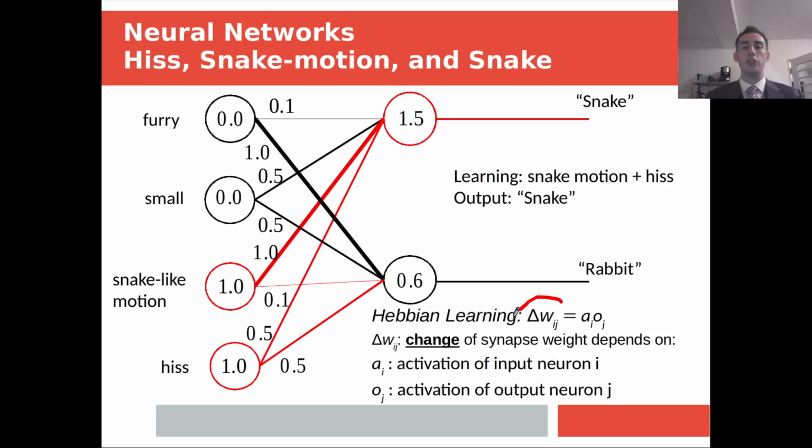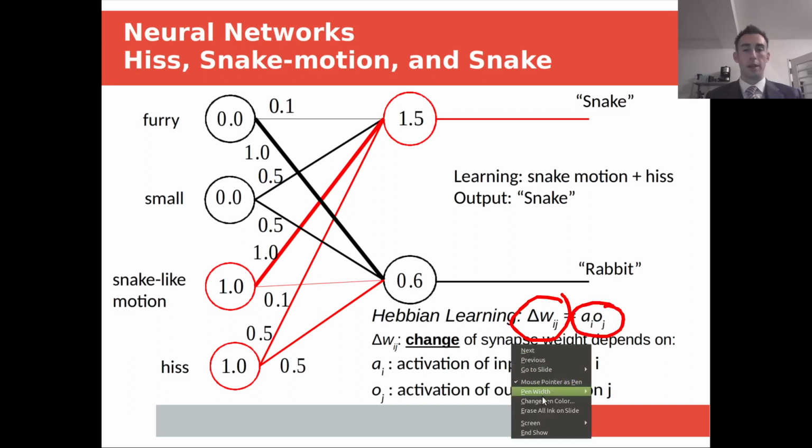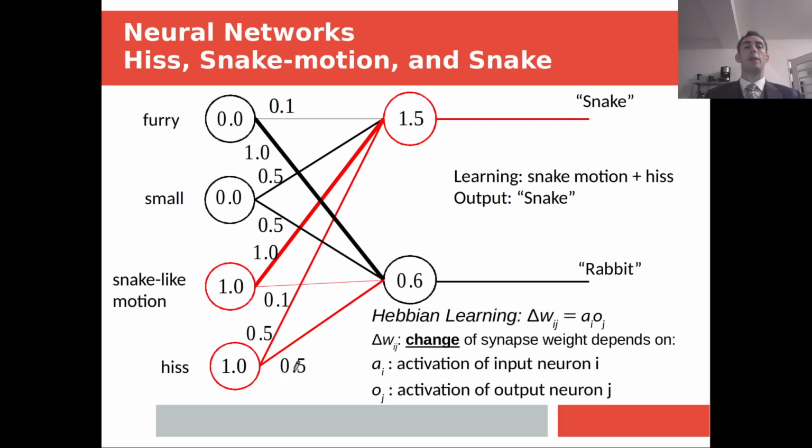Hebbian learning is that the change in the weight is going to be somehow correlated with the activation of the input neuron times the activation of the output neuron. So the change of synaptic weight depends on the presynaptic neuron and the postsynaptic neuron's activation. For example, if we activate both snake-like motion and hiss, then snake is activated 1.5, sort of strongly, whereas rabbit is only activated 0.6.